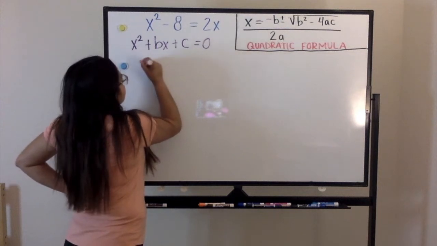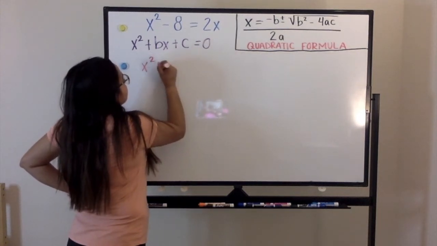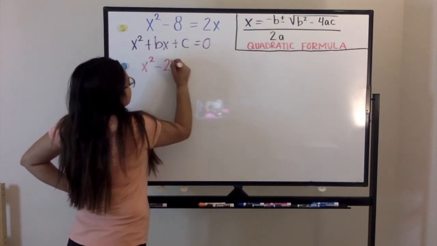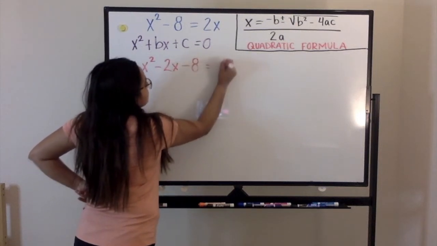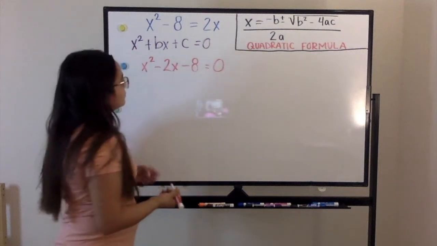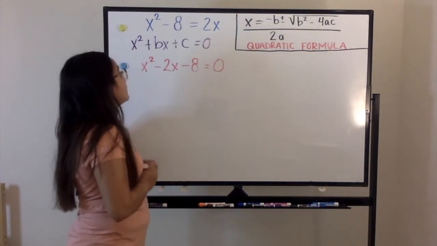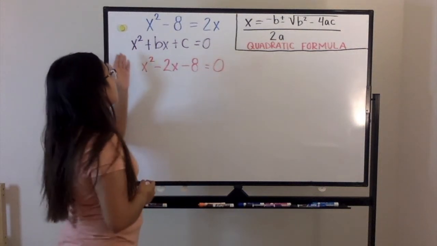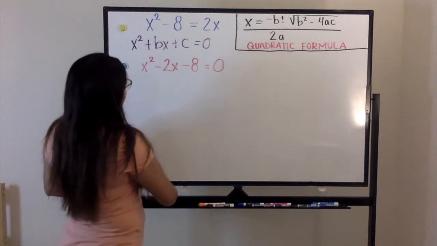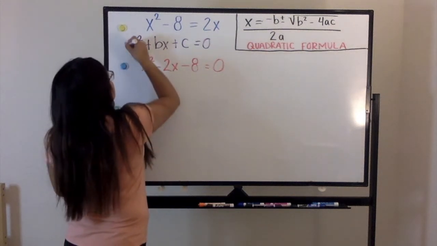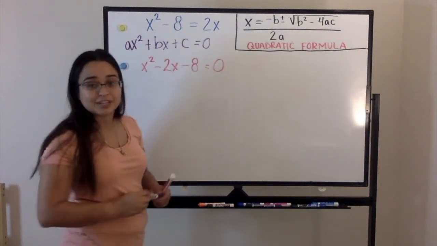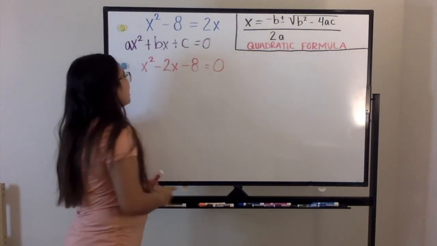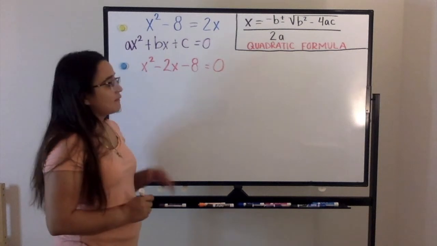So we would be left with x squared minus 2x minus 8 is equal to 0. Now we have our A, our B, and our C. Okay? Forgot that in our standard form example. Okay? Very well.